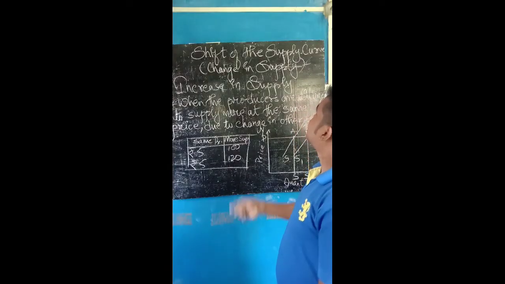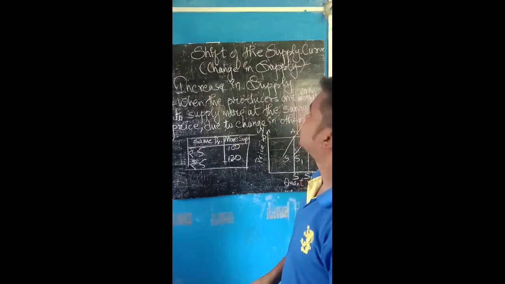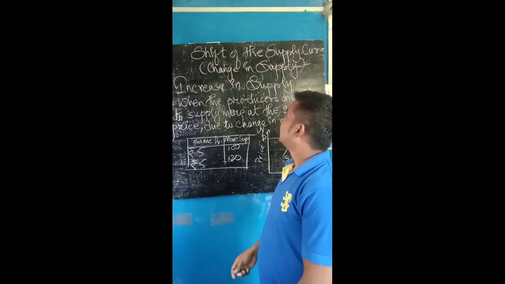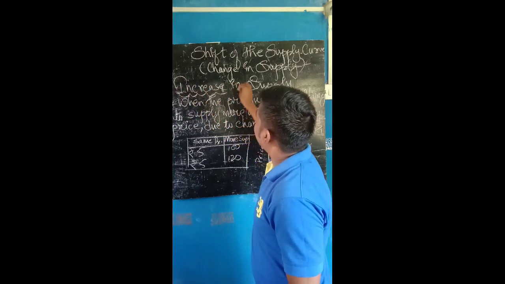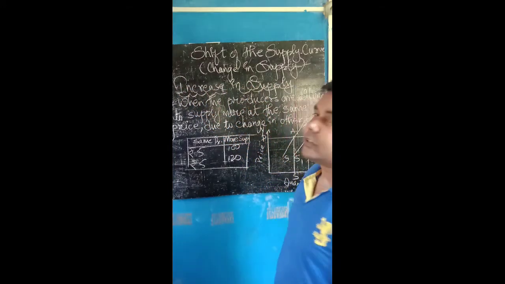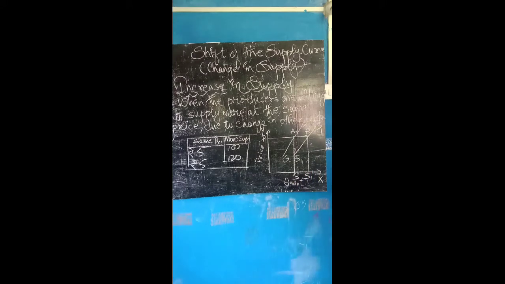So now it is the shift of the supply curve or change in supply. Here it is divided into two sections: increase in supply and decrease in supply.